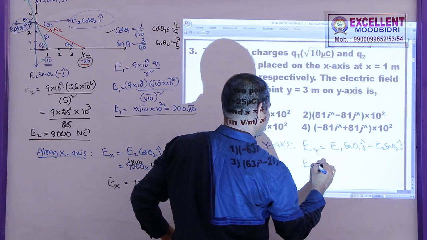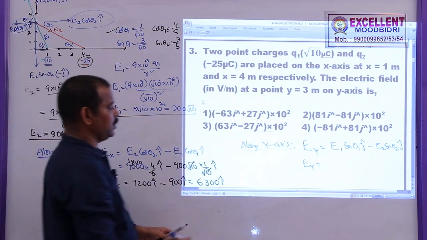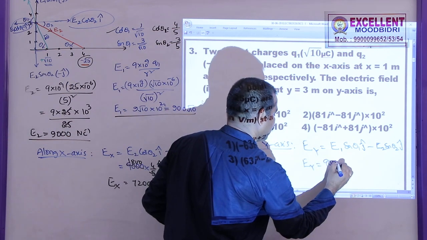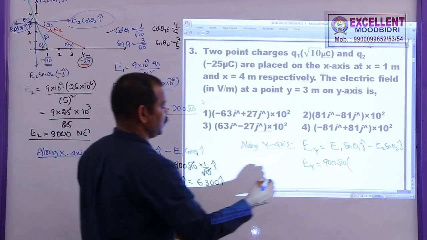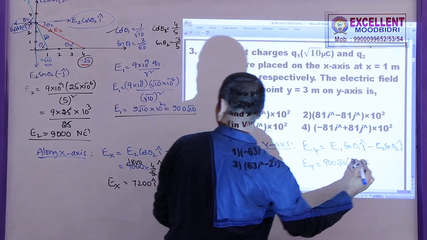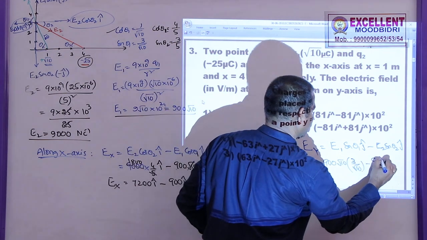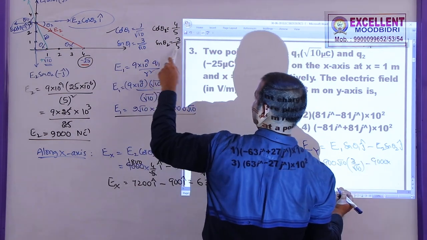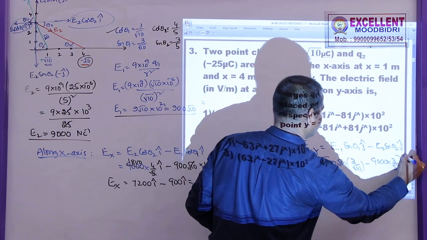So Ey is given by, what is E1 and E2? We know this value. E1 is 900 root 10, and sin theta 1 is 3 by root 10, minus E2 value 9000 into sin theta 2, which is 3 by 5, whole j cap.